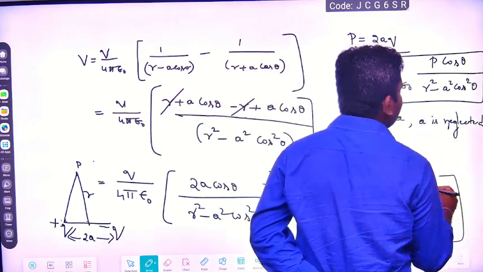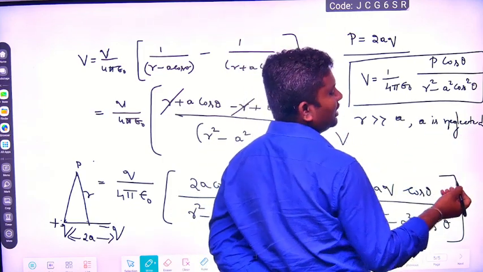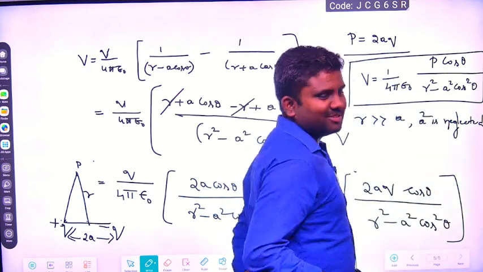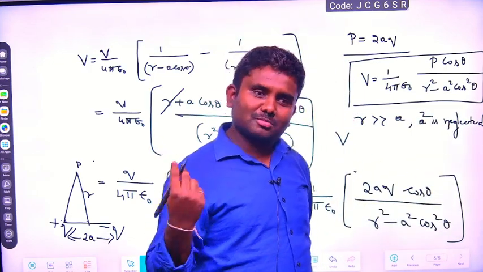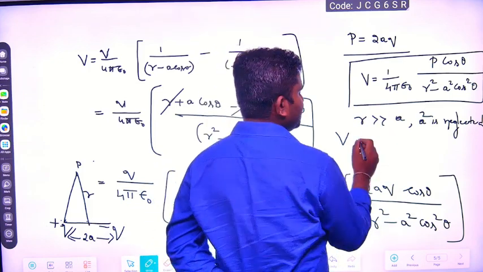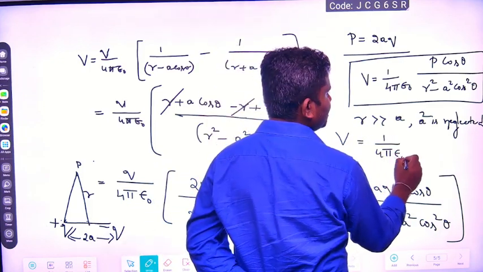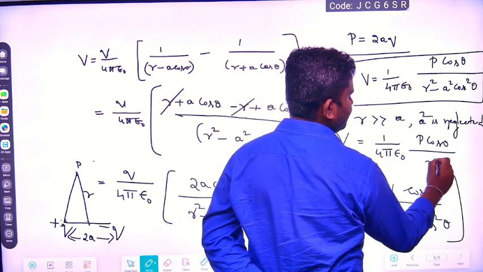Understood? If you neglect it, what is the potential now? If a is small, a square is much smaller. 0.1 is small, 0.1 square is 0.01, it is much smaller, so a square is neglected. So V is equal to 1 by 4 pi epsilon naught P cos theta divided by R square.